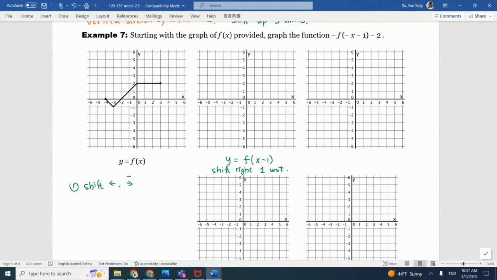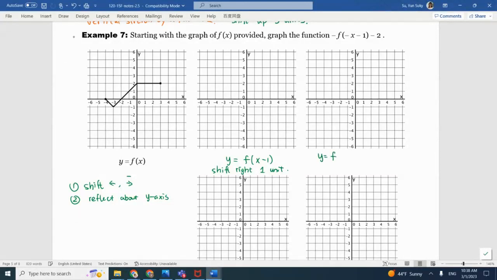Is that okay, everybody? And then, what was that two? Yes. Reflect about the y-axis. And when you check it, do you have a minus sign in front of x? Yes. See, we have a minus sign in front of x.